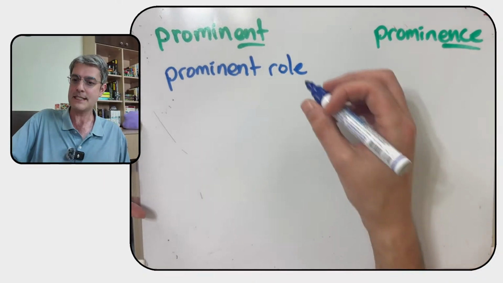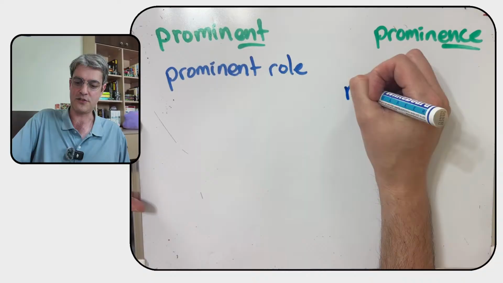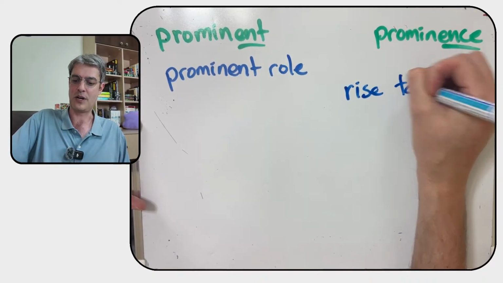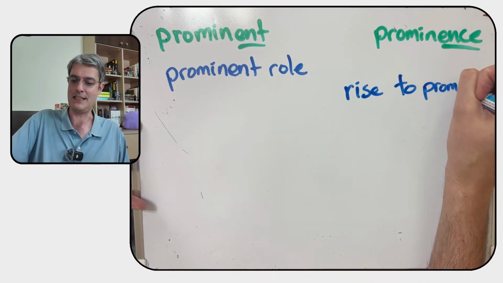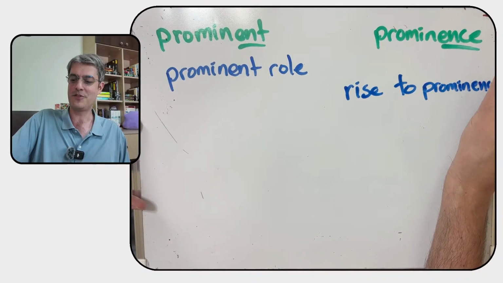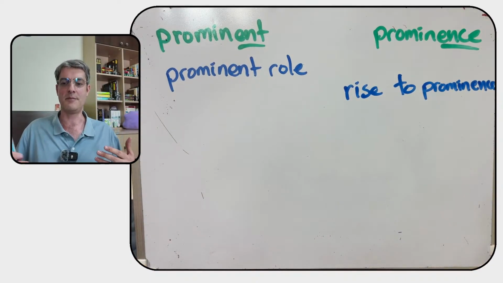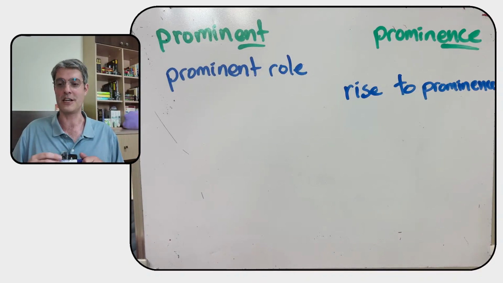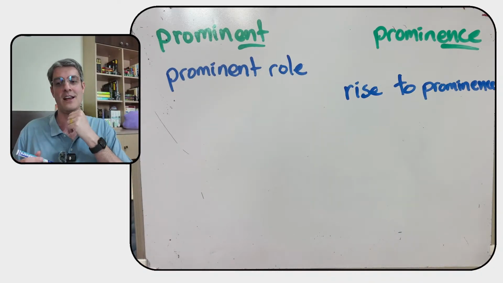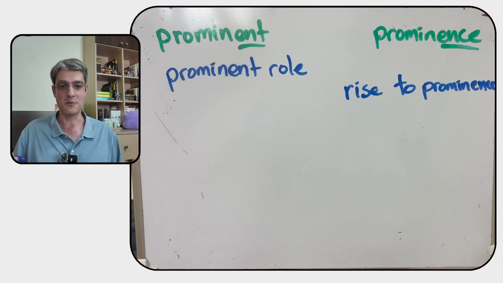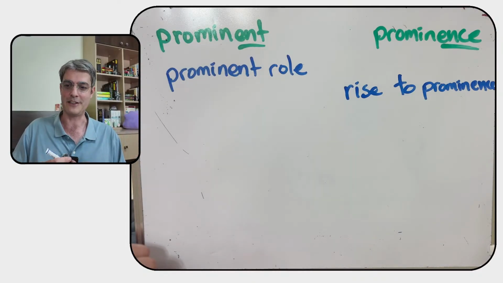And then prominence, we have a couple useful ones. We got to rise to prominence. Prominence, okay. So to rise to prominence is when a person or an idea becomes widely known or popular or influential. You could talk about a politician rising to prominence after a really good speech, or a company rising to prominence because they're able to do better than their competitors.